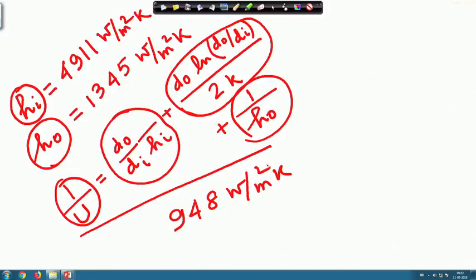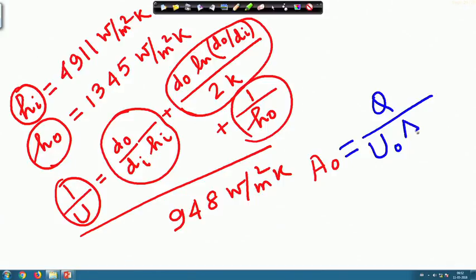Once we know this overall heat transfer coefficient, we would be able to calculate the heat transfer surface area A_o, that will come out to be A_o is equals to Q, which we already know, divided by U_o and the delta T log mean.